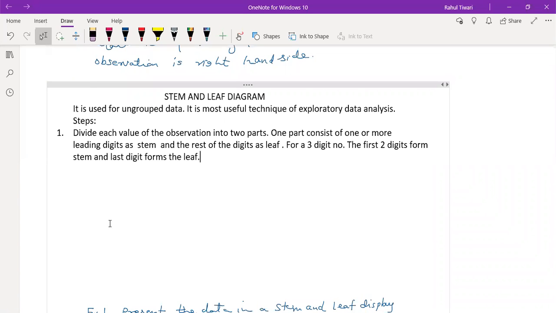But suppose I have 3 digits. So the first 2 digits will be your stem and the last digit will be the leaf.